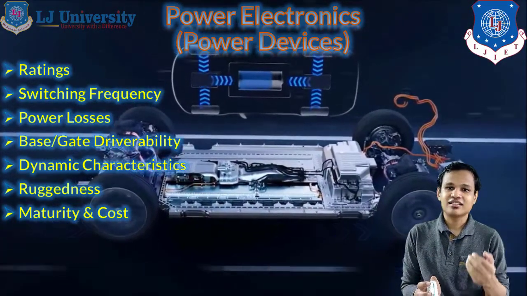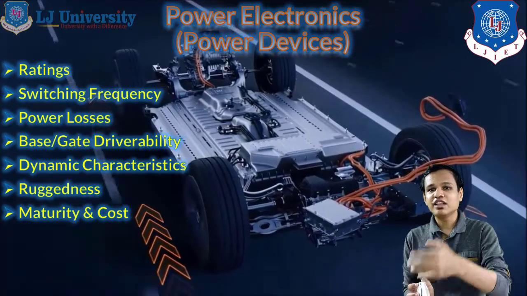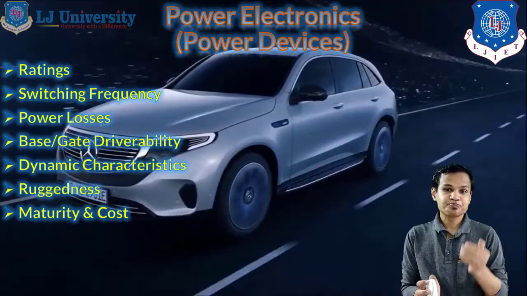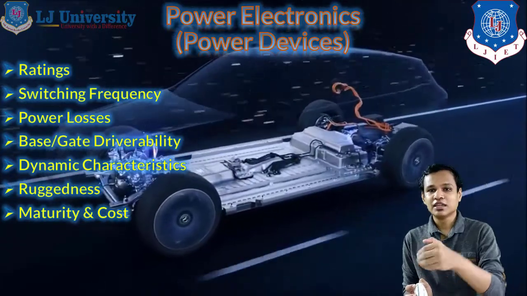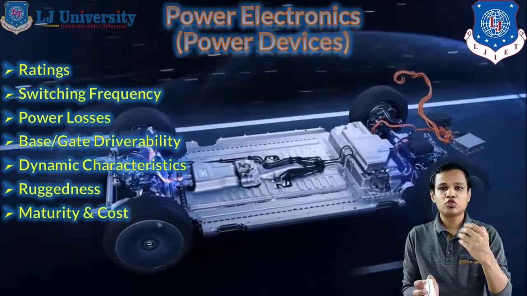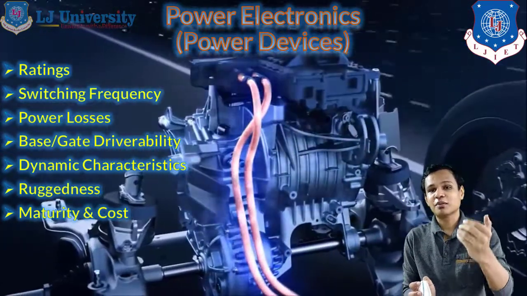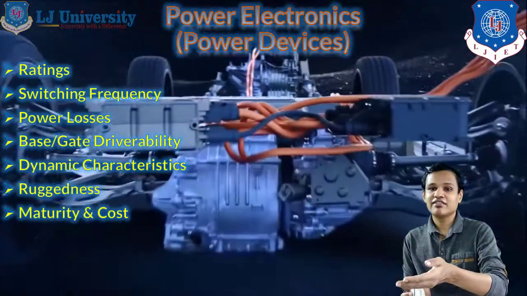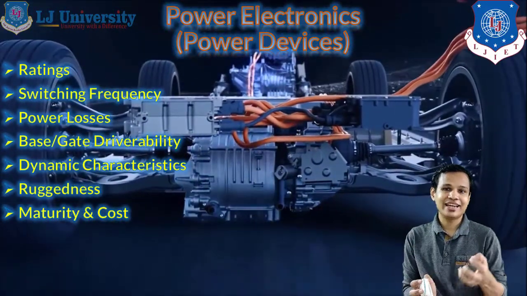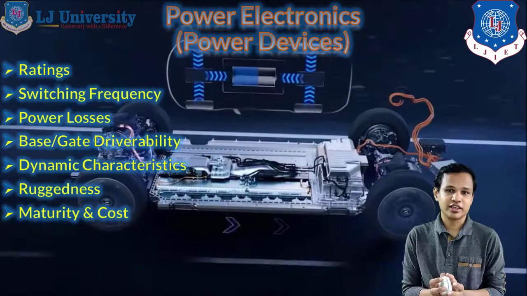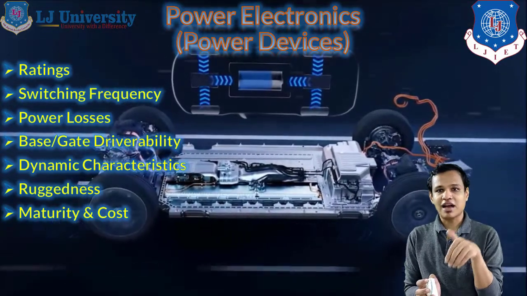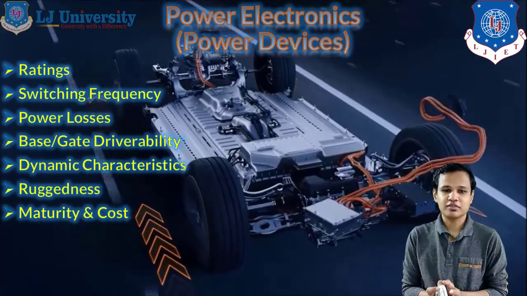So in that case, the losses between the battery and the electric motor should be kept to a minimum, right? The losses should not be so high that the power from the battery does not eventually get supplied to our motor and gets lost in the power electronics. So the losses in the power converter should be as low as possible.